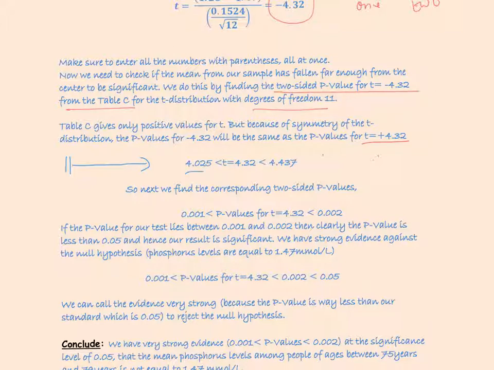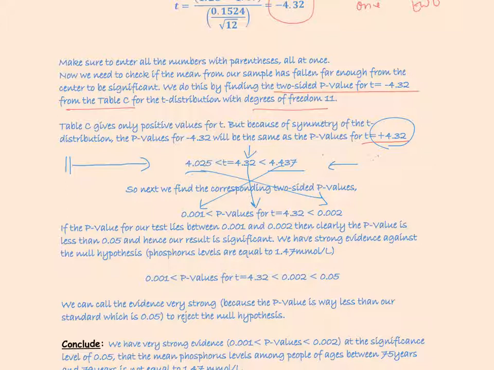We find the two numbers between which 4.32 lies. You're looking for 4.32, but we're not going to find that in the table. So we look for two numbers between which 4.32 lies, and the next thing to do is to find the p-values related to the two numbers that we see in the chart. Our p-value will lie between the two numbers.